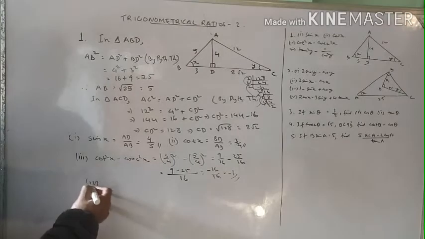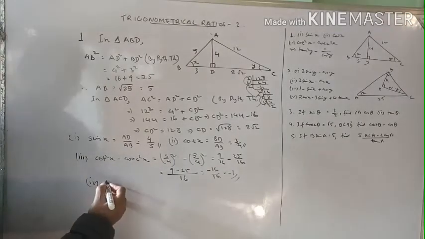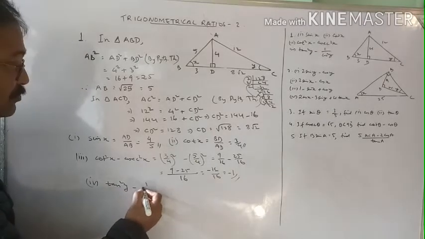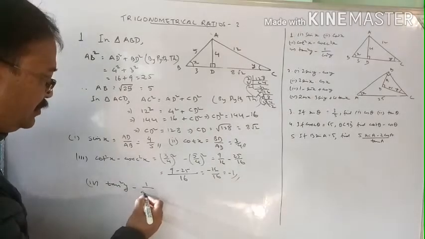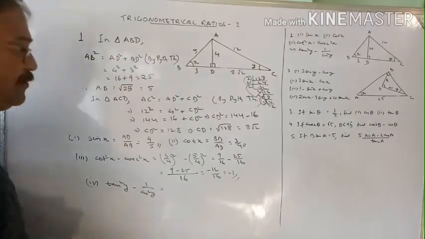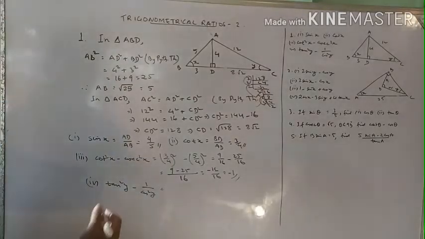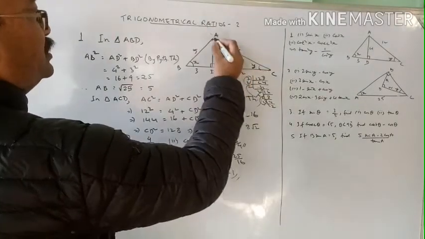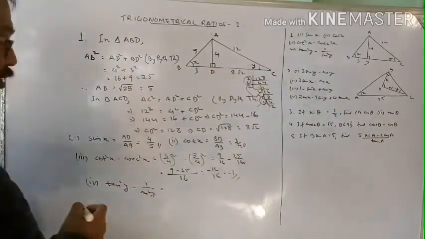So the last part, part 4, we have to find the value of tan square y minus 1 by cos square y. Now remember, the angle of reference here is y, so we have to consider the triangle containing y.